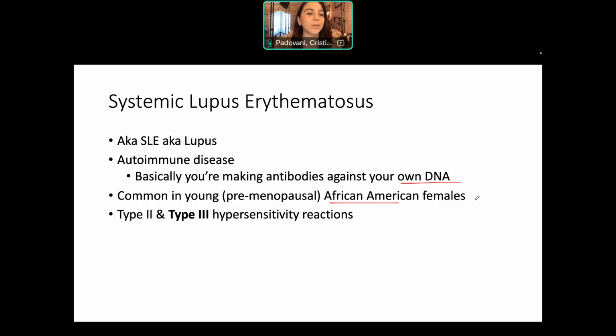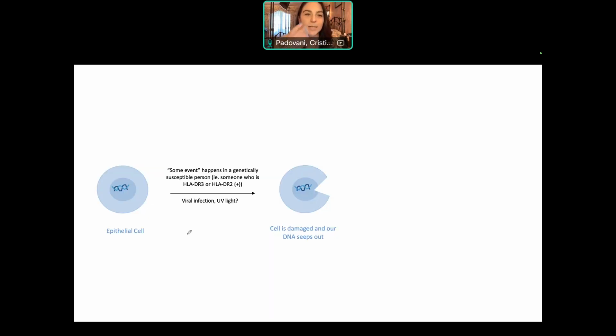Lupus specifically is both a type 2 and a type 3 hypersensitivity reaction. It's more so a type 3, but we're going to review those. You can think of this as one of your epithelial cells. Here's the DNA inside the nucleus. Some event happens, so here's your environmental trigger in a genetically susceptible person. Let's say this person is HLA-DR3 or HLA-DR2, from that long list in First Aid of all the HLA markers associated with the autoimmune diseases.